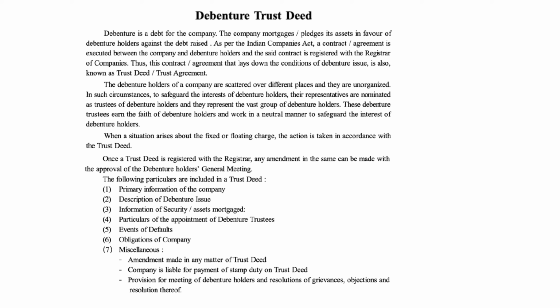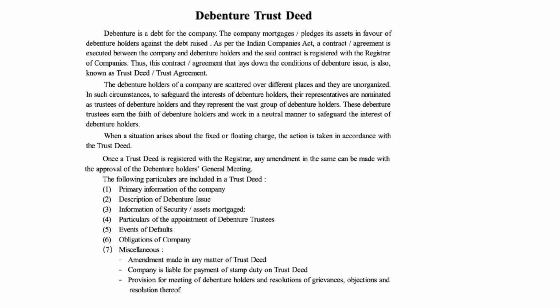These trustees will be representatives of the debenture holders, responsible for taking care that the interest of debenture holders is safe. Because debenture holders are scattered over different places and unorganized, representatives, also known as trustees, are nominated to safeguard their interest.